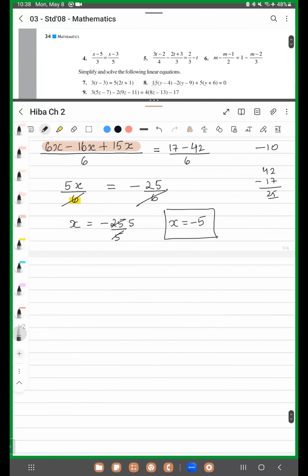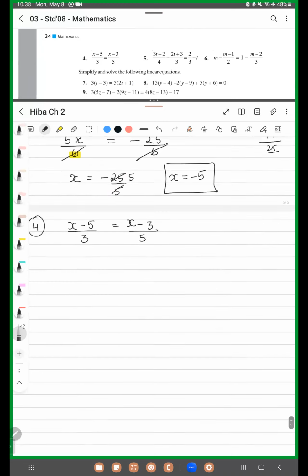Fourth question. Do you want to solve the fourth one or the fifth one? The fourth one. Fourth one, okay. X minus 5 by 3 equals x minus 3 by 5.